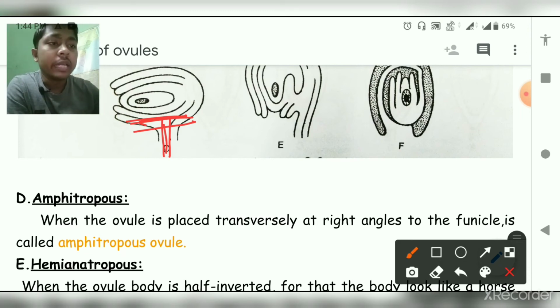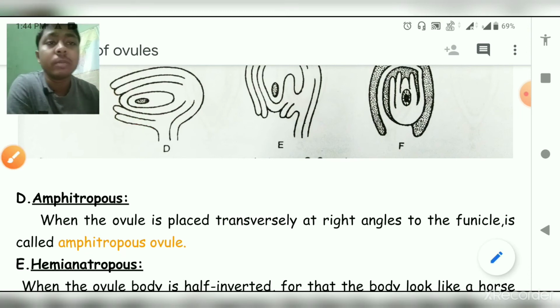Okay, next we talk about hemianatropous type of ovule. So we know anatropous means inverted type of ovule. Okay, we already discussed this inverted or anatropous type of ovule. So when we talk about hemianatropous, hemi in biology always means semi or half.